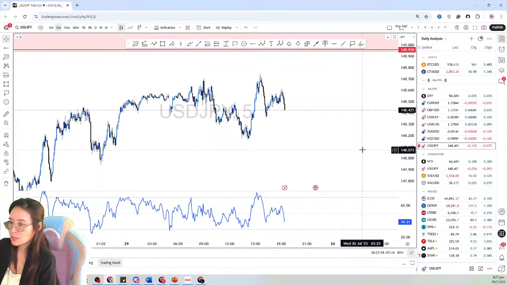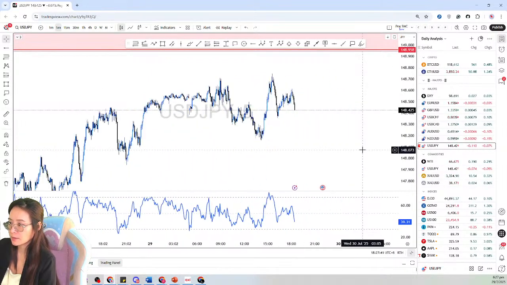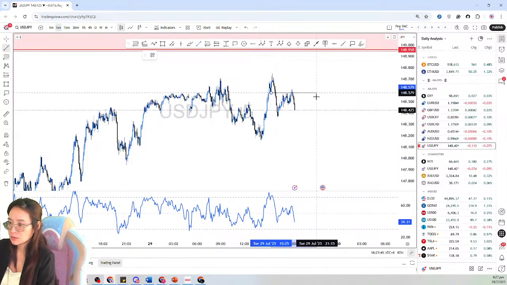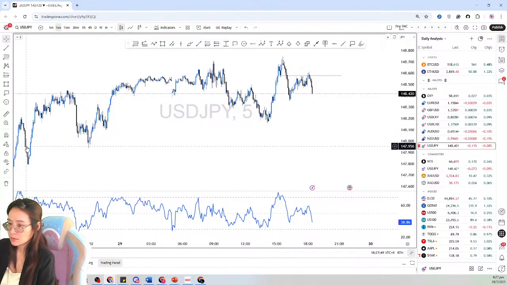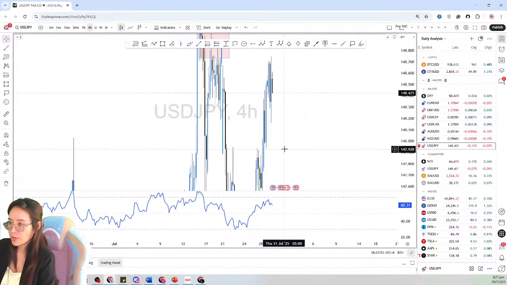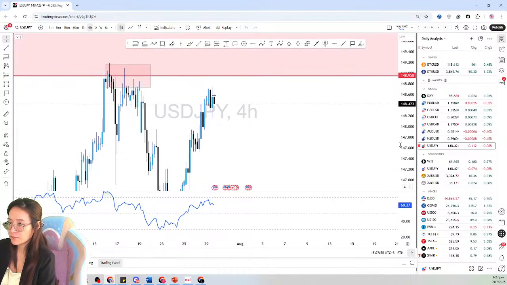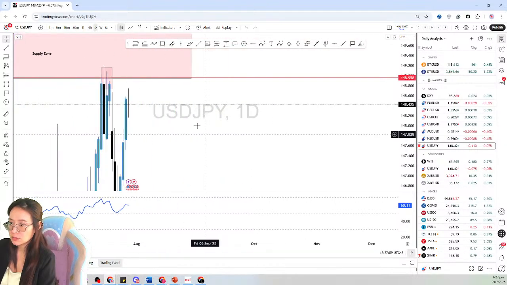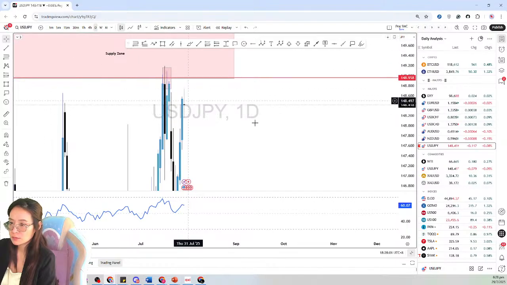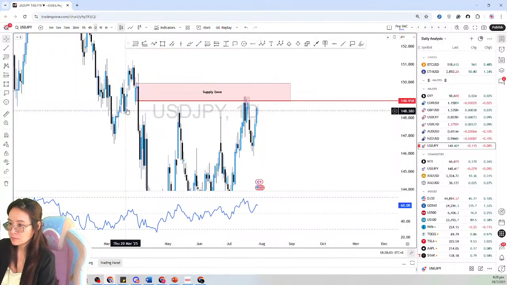It's already missed the entry. Okay, by right, this is my entry. Pull back, because price came from the resistance level somewhere around this level, and pulled back.